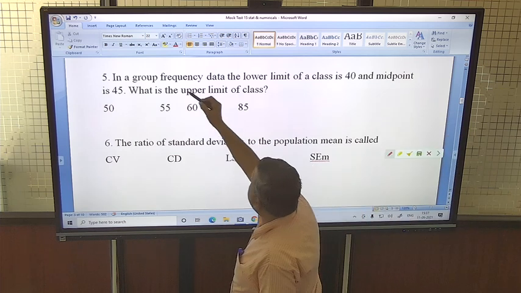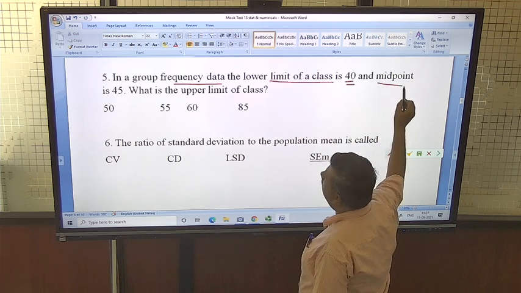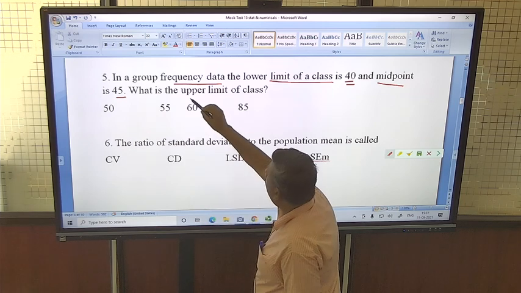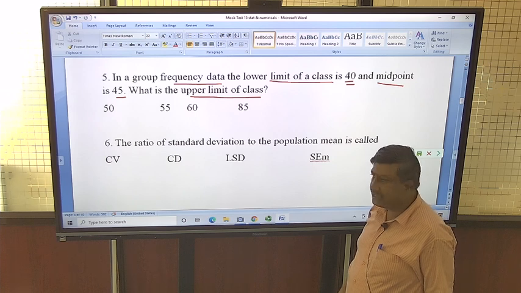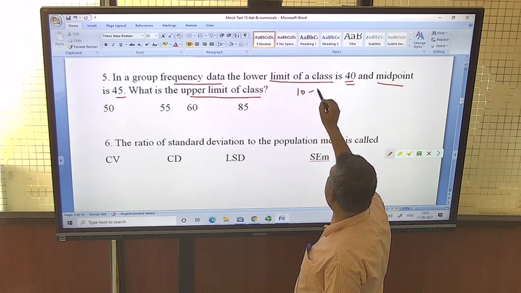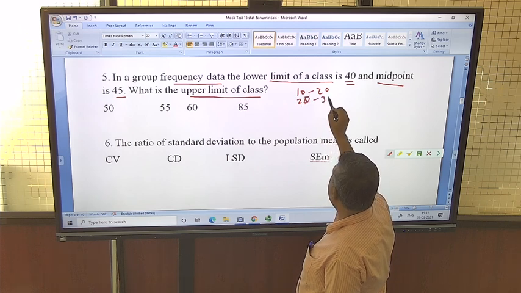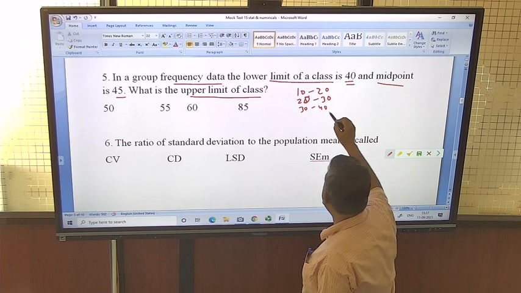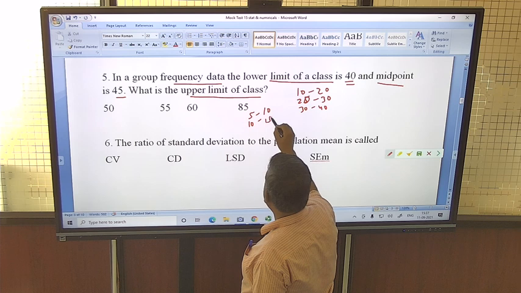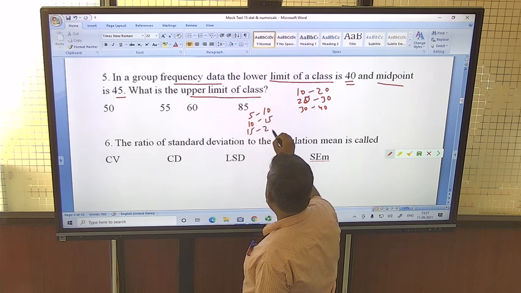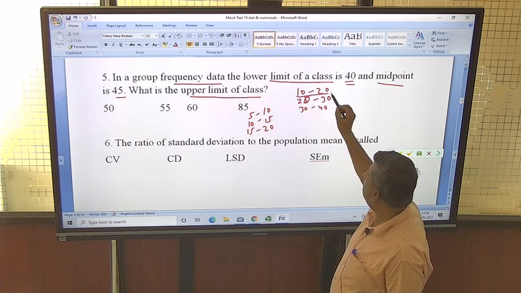In a grouped frequency data, the lower limit of a class is 40 and the midpoint is 45. What is the upper limit of the class? So in frequency data, we make groups like 10 to 20, 20 to 30, 30 to 40, and we make different types of groups like 5 to 10, 10 to 15, and 15 to 20 and so on, depending upon the nature of the data.